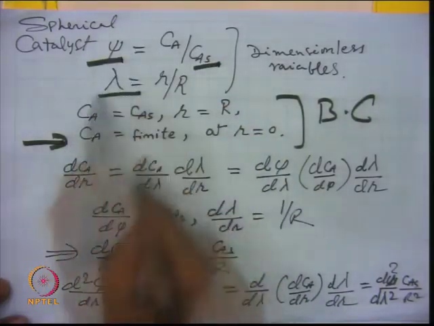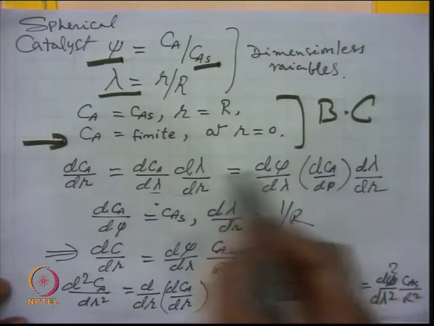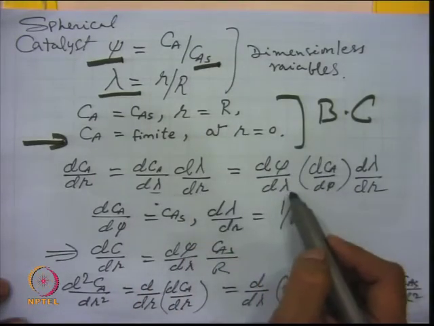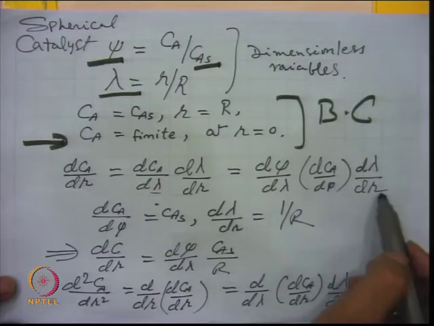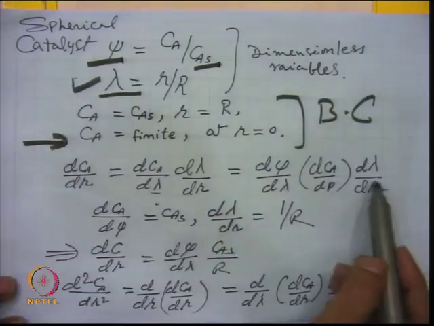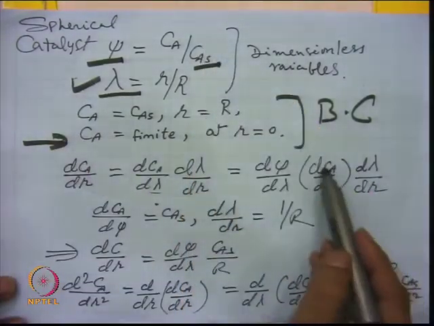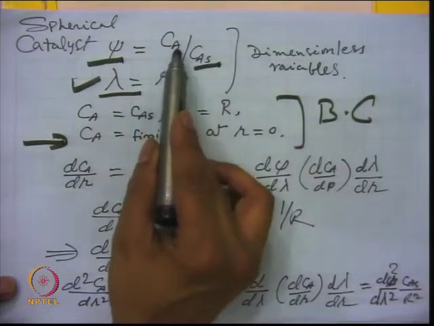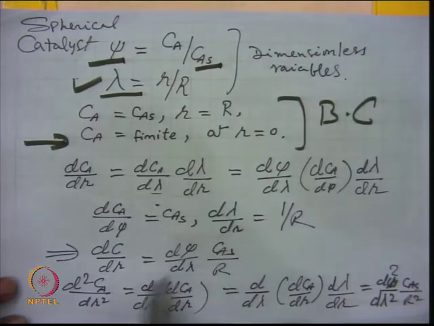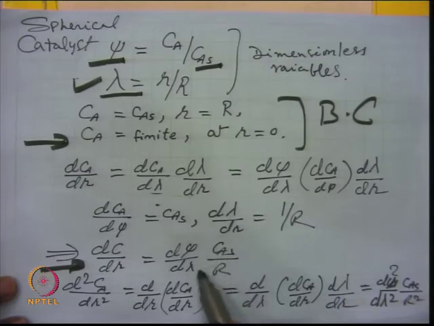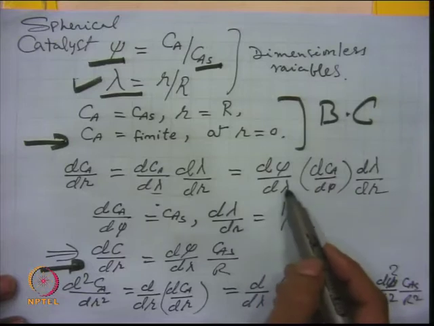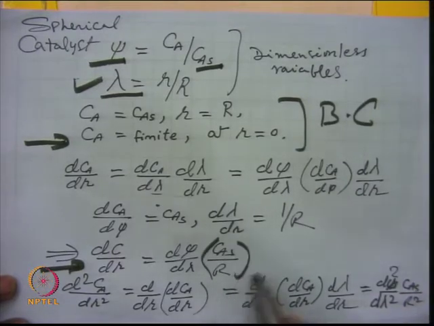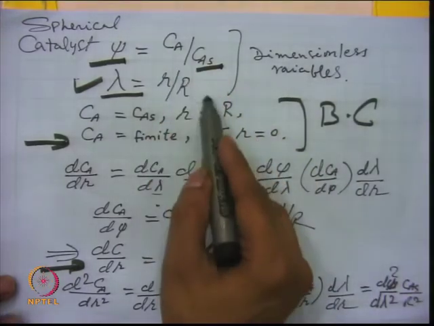One can very easily define dC_A by d lambda, and that is written here in the form of further extension, d psi by d lambda, because psi is related to concentration, times dC_A by d psi into d lambda by dr. So, d lambda by dr can be calculated from here, and dC_A by d psi can be calculated from here just by differentiation of this equation, right. So, we substituted that value, and finally, the expression was dC_A by dr is equal to d psi by d lambda, which is now a parameter in the form of dimensionless concentration and the radius dimension, times C_AS upon R, which is the differentiation from here and differentiation from here.